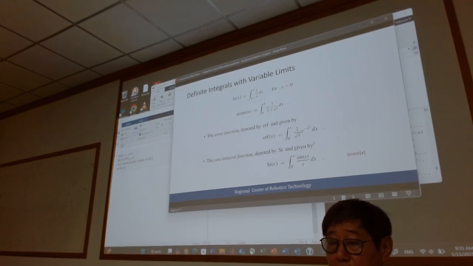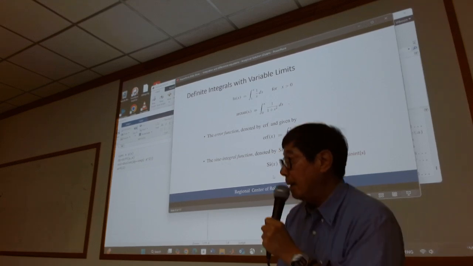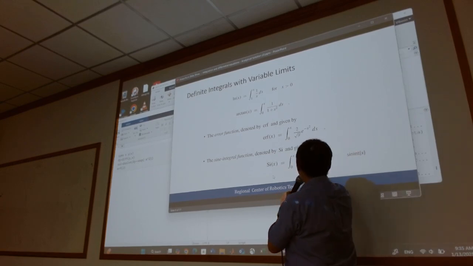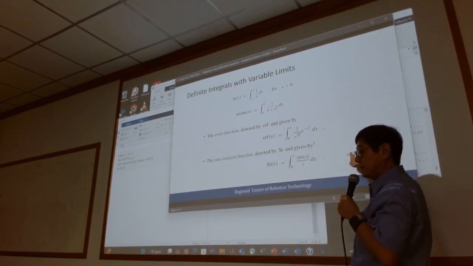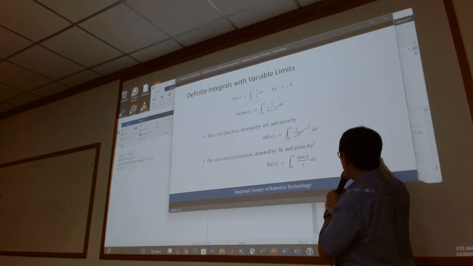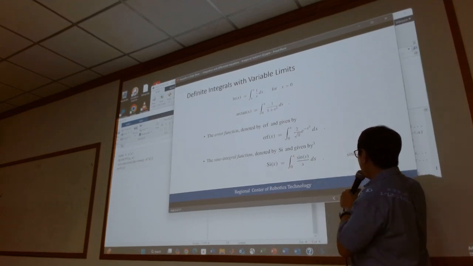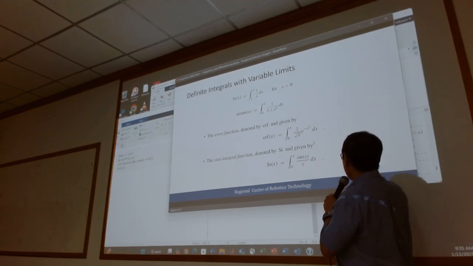Here is another example. This one is arctan, right? Arctan. This one is equal to the Euler function. This one is sine s over s, which also cannot be integrated; you have to find it with the sine integral function. In MATLAB we call it the sine integral, from 0 to x, with x of 0.5.